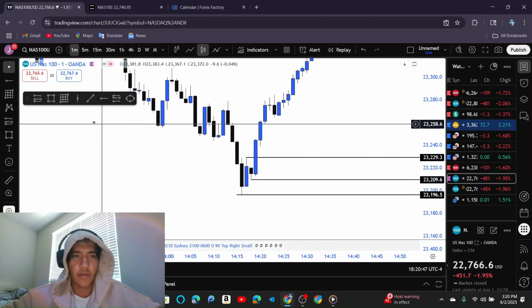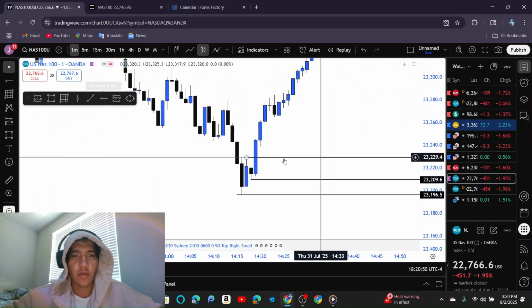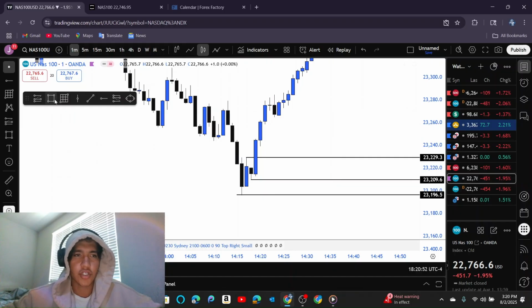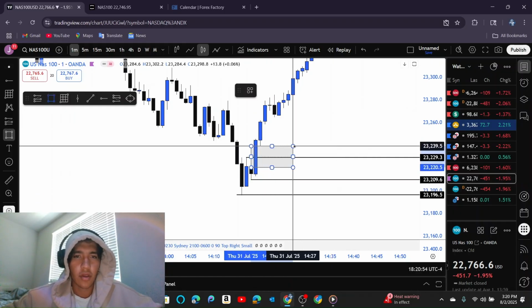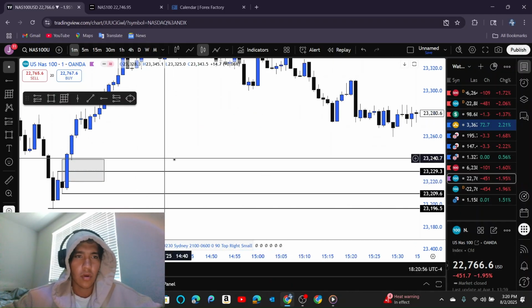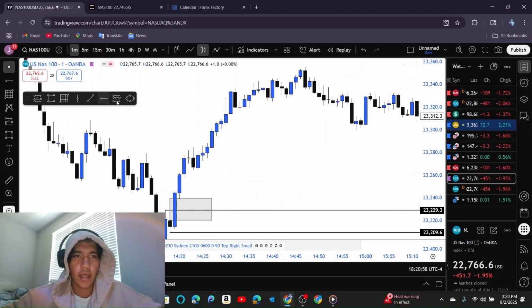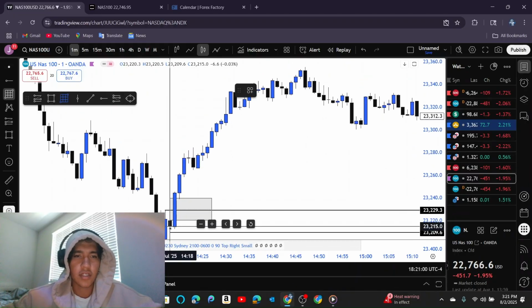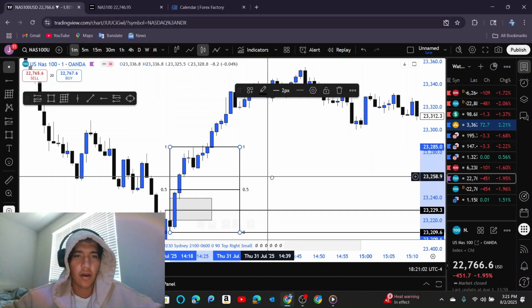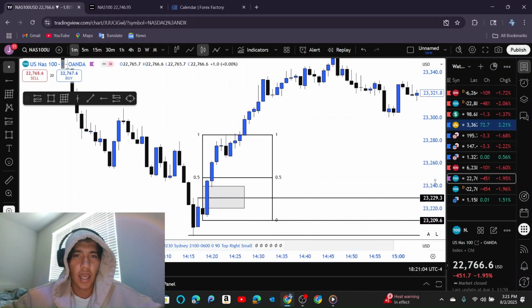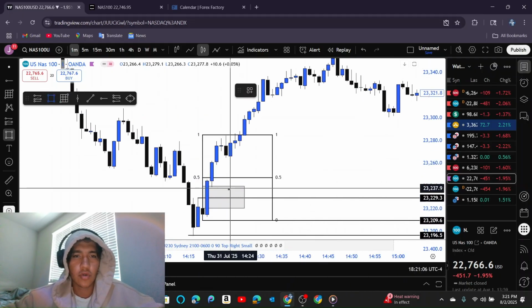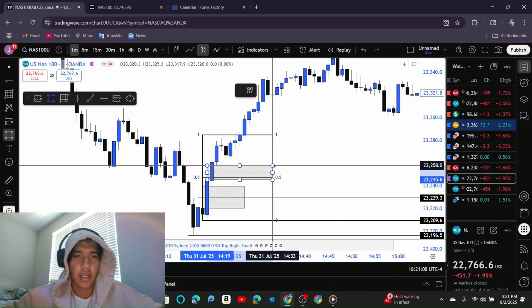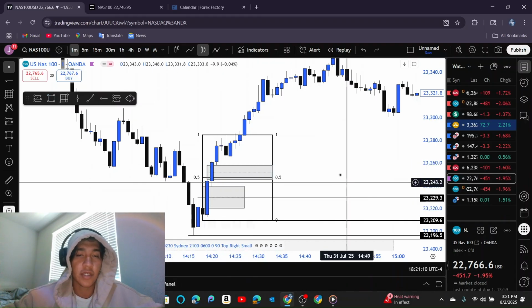We might be moving to the upside. I'm just waiting. We need a break of structure. Boom, break of structure and fair value gap created. Okay, cool. What are we looking for? Now, previous low to previous high. Okay, cool. Equilibrium absolutely does not get touched. We get 2 moves to the upside and a break of structure and an inverse to each of these fair value gaps.